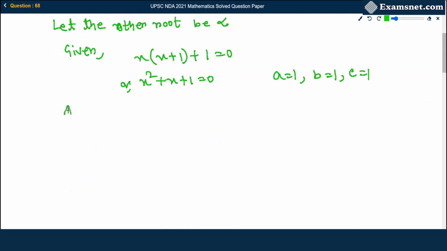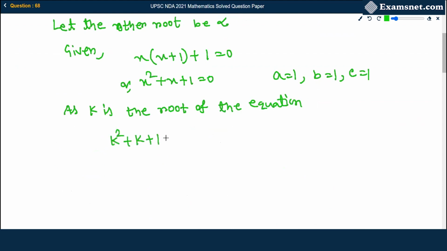So as k is a root of the equation, k square plus k plus 1 equals 0. From here I can write k square equals minus k minus 1, right?